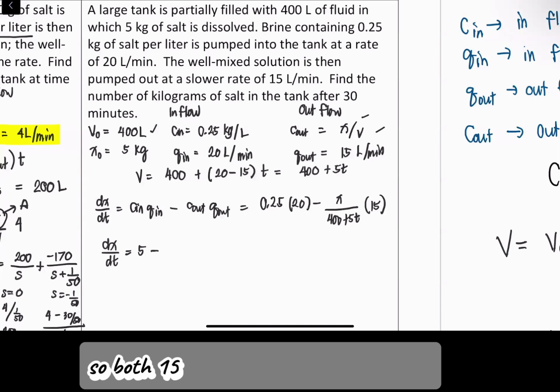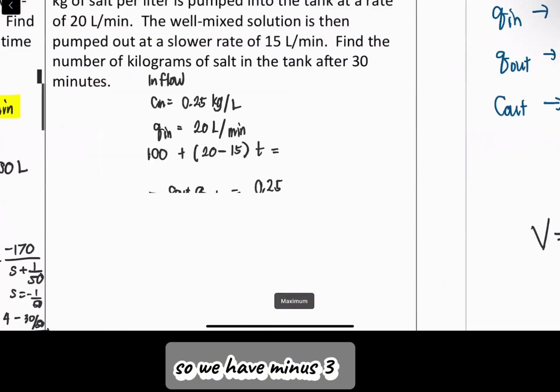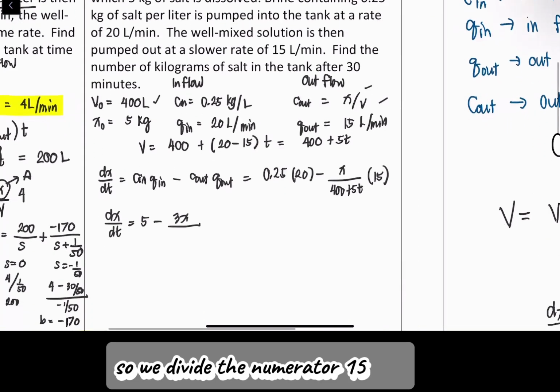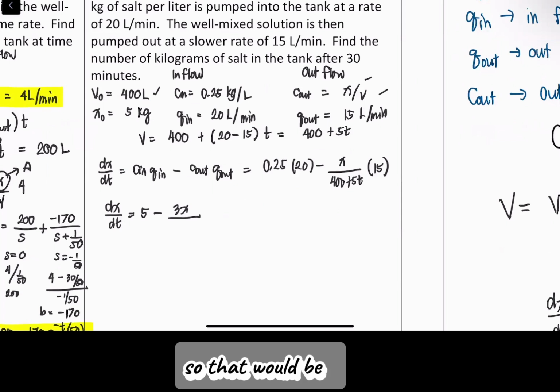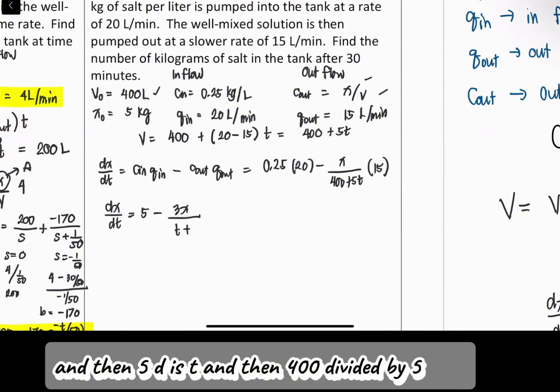So both 15 and 400 plus 5t are divisible by 5. So we have minus 3x. We divide the numerator 15 by 5, so that would be 3. And then 5t is t. And then 400 divided by 5 is 80.